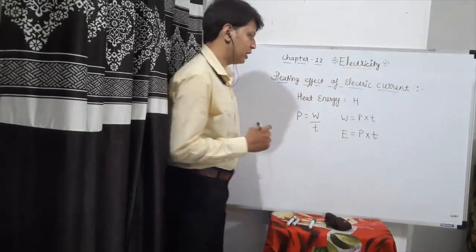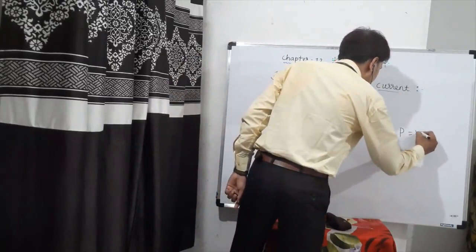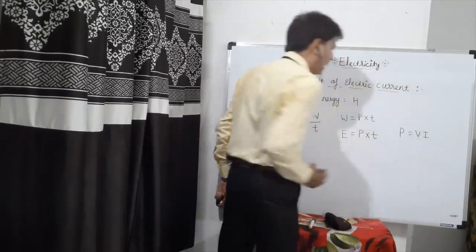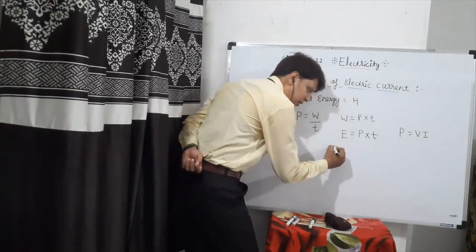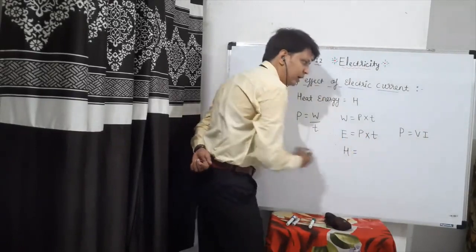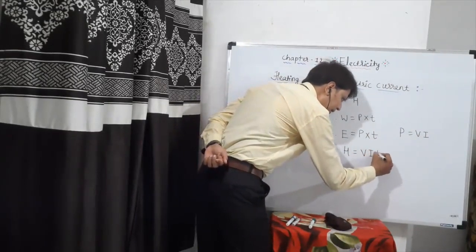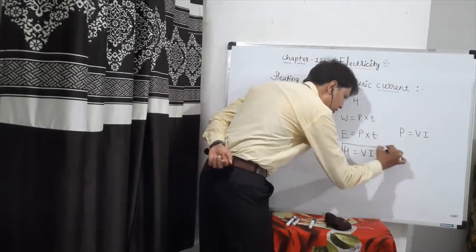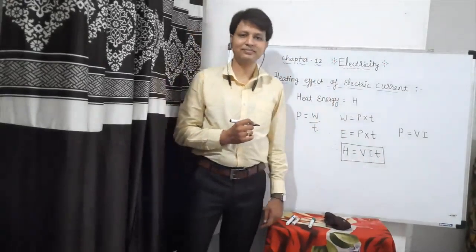As per the power input equation, power input is equal to V into I. So instead of energy I am writing heat energy H, which is dissipated: H equals VIt. This is the equation for heat energy dissipation.